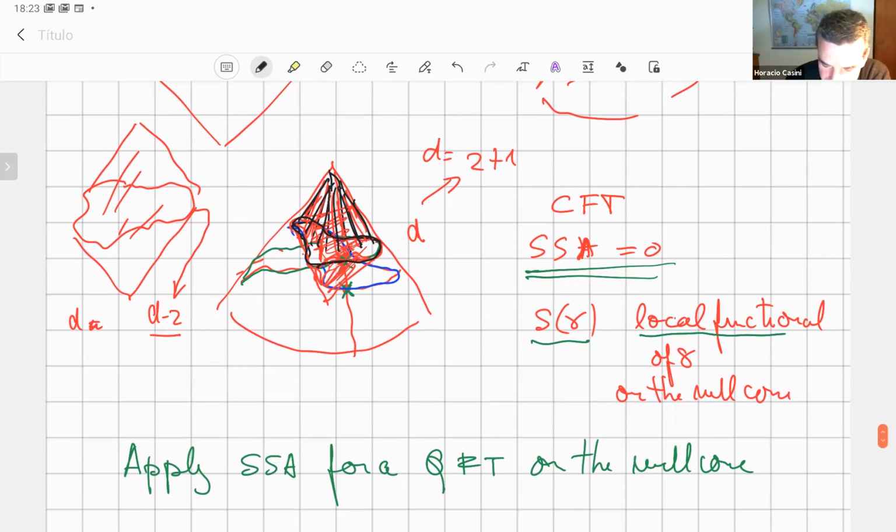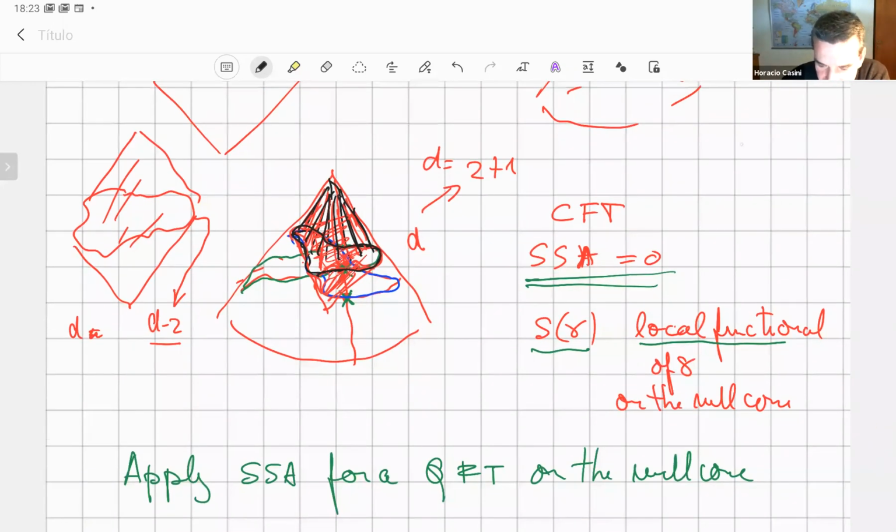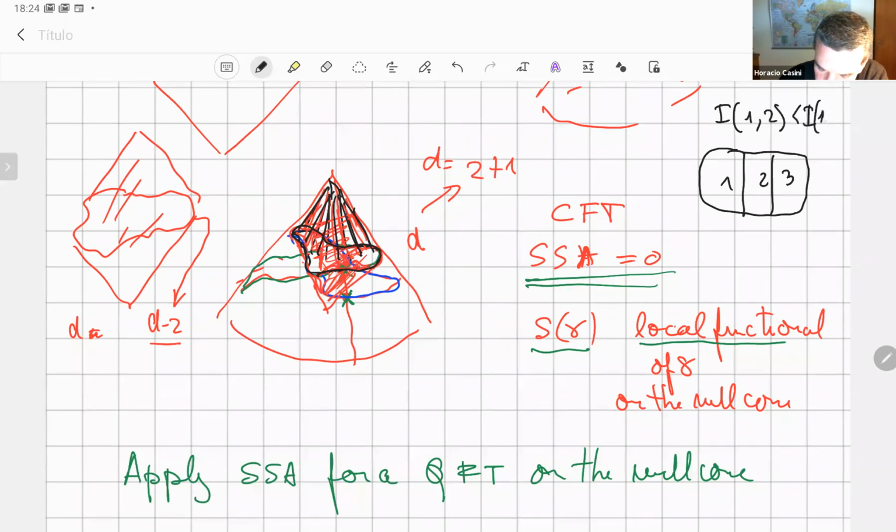But the problem here is that strong subadditivity is monotonicity of mutual information, and we are interested in using it when the mutual informations are something like: mutual information of 1, 2 is smaller than mutual information of 1, 2, 3, because of monotonicity.